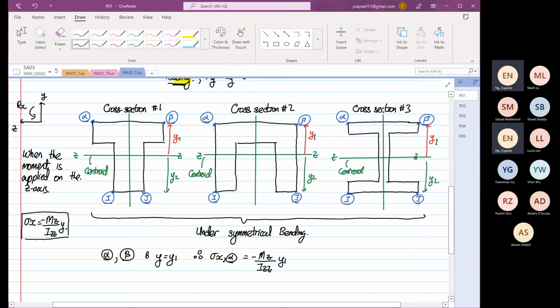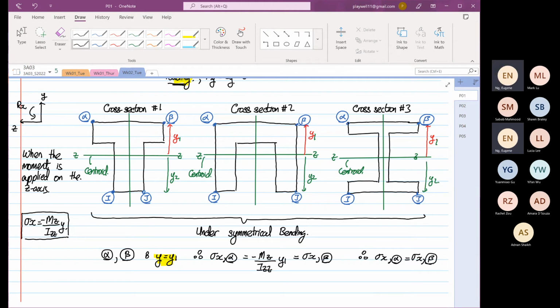Coincidentally, this is also equal to the stress in the x direction for point beta, because alpha and beta share the same y value. So stress X at point alpha is equal to the normal stress at point beta. When this condition is achieved, it is what we call symmetrical bending.